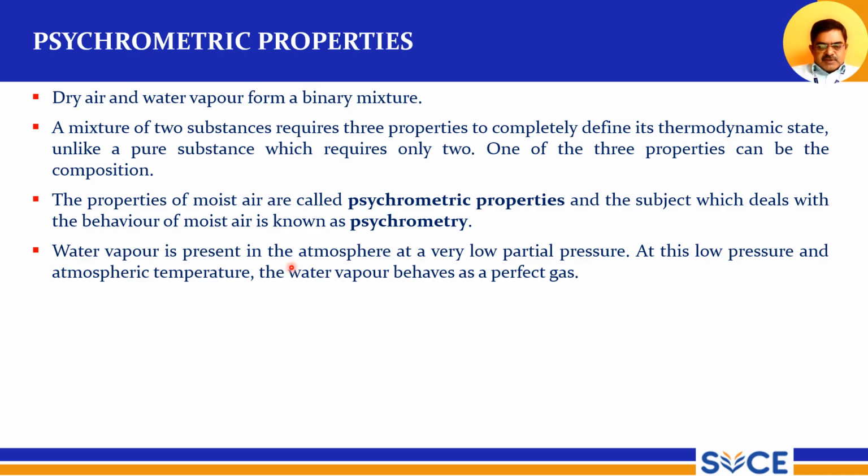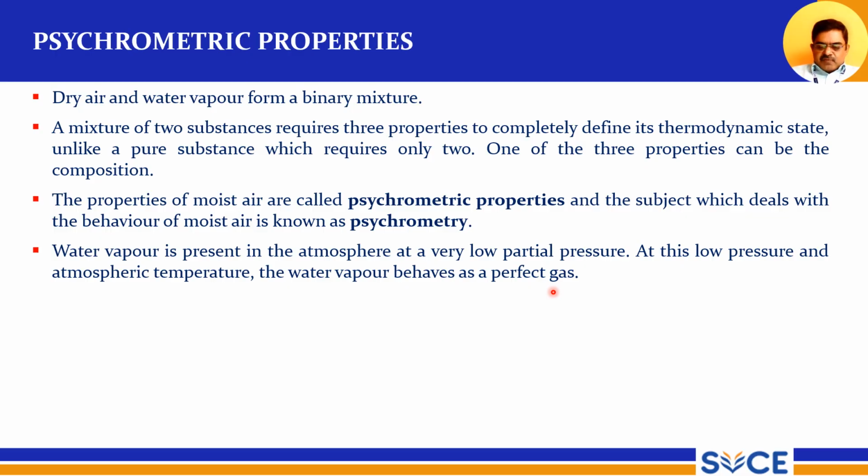Water vapor is present in the atmosphere at a very low partial pressure. At this low pressure and atmospheric temperature, the water vapor behaves as a perfect gas, as we have already seen in an earlier session.